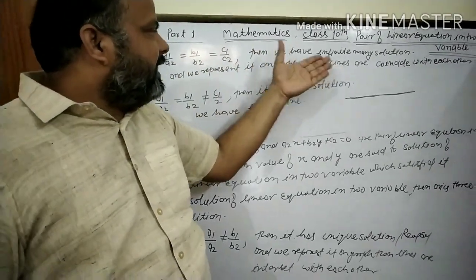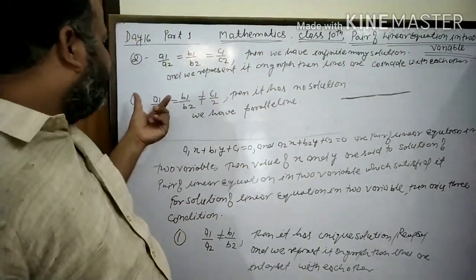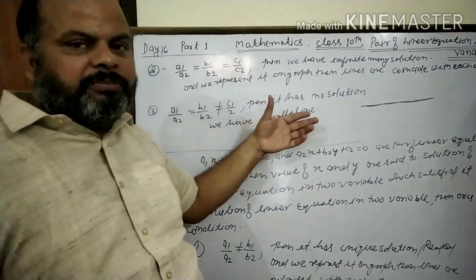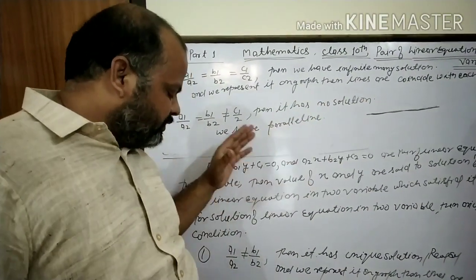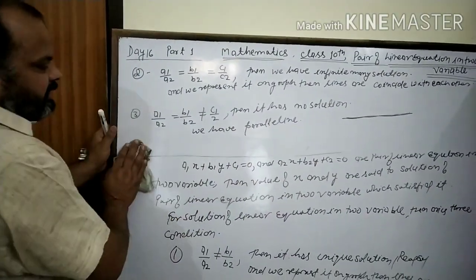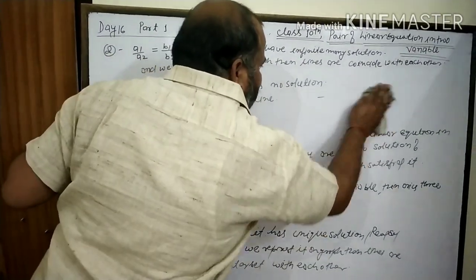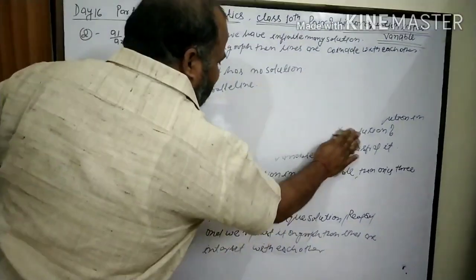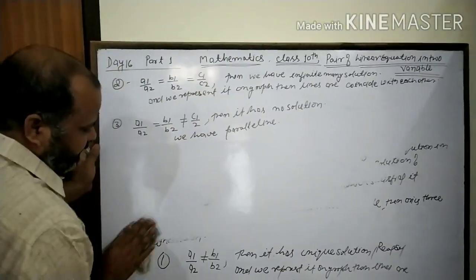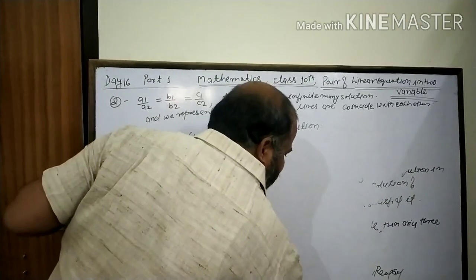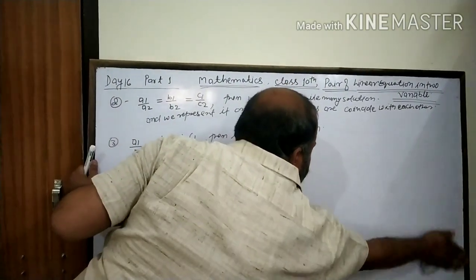This means it has infinitely many solutions, and if a1 upon a2 is equal to b1 upon b2 is not equal to c1 upon c2, then it has no solution. Then after some time in the question it is asked, state whether it is consistent or not. Clear? Then we discuss what is consistent and what is inconsistent.